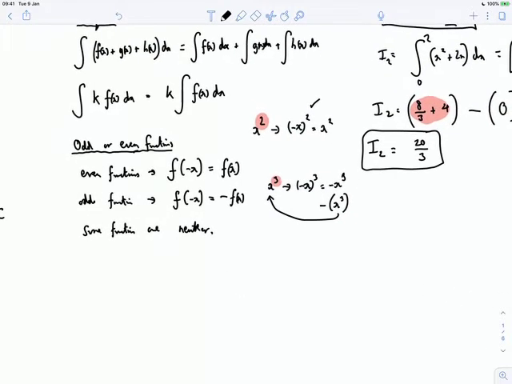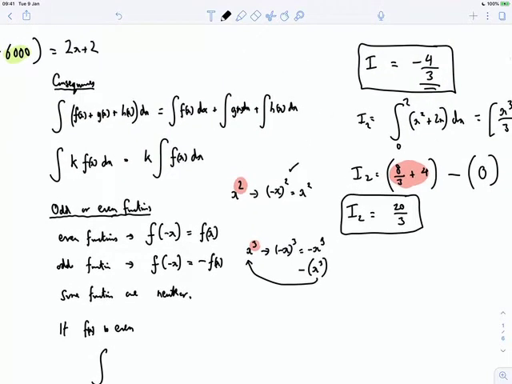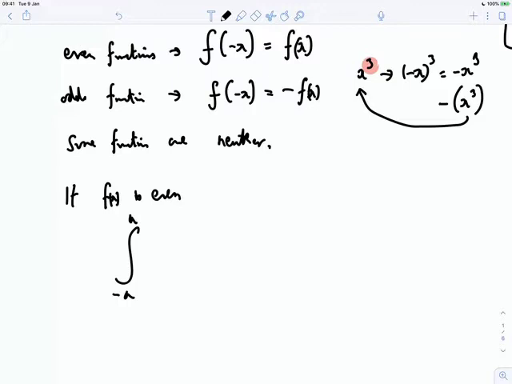Okay, so what's the point of that? Well, if f of x is even, okay, this is really important. If the integral is being evaluated between symmetric limits, i.e. you're going minus a to the left and positive a to the right, and you're integrating f dx, well, look what happens. Okay, what would happen here?